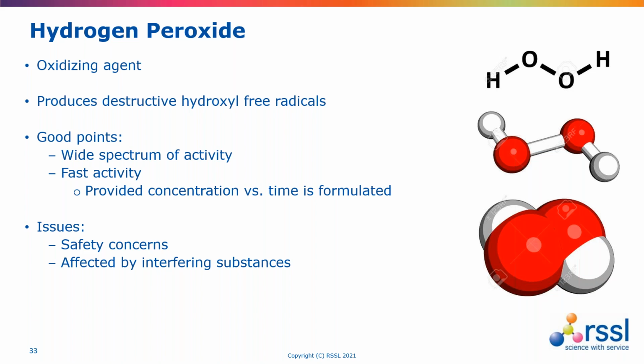It can be an issue in terms of operators and respiration, so using it in closed spaces can be challenging without respirators. And it can kill really well, but equally it's affected by interfering substances. So very, very good quality cleaning is required before the application of hydrogen peroxide, because that can cause issues.